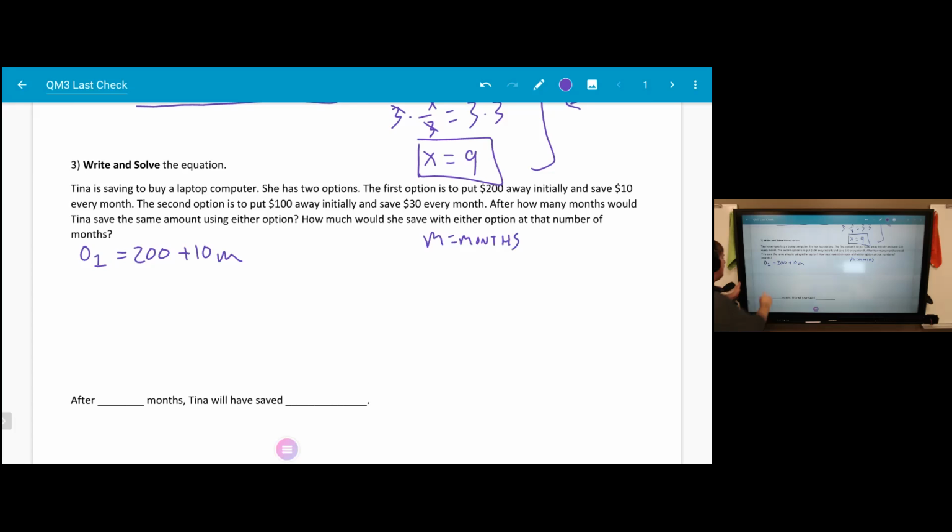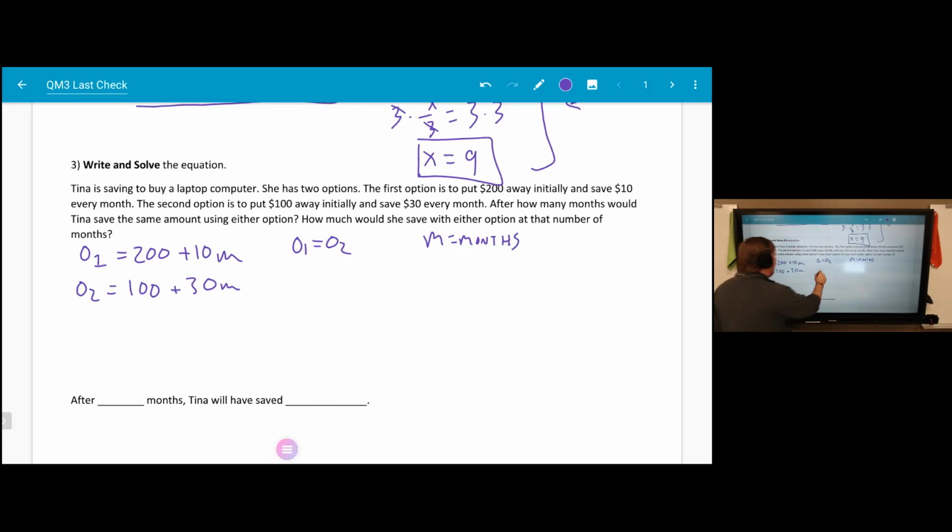The second option, option 2, is put $100 away and save $30 each month. After how many months would Tina save the same amount using either option? And how much would she save with either option at that number of months? So in other words, when would option 1 equal option 2?